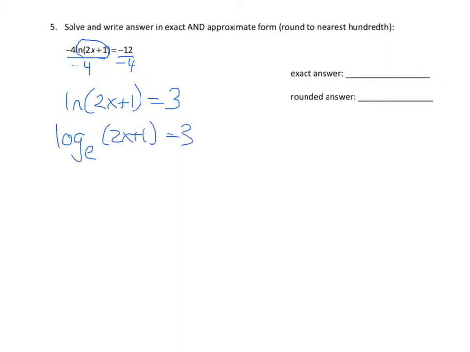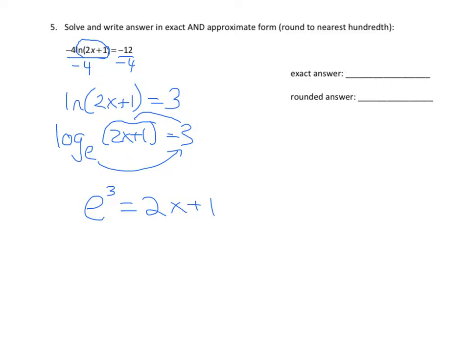And now I'm going to change this to exponential form. To change it to exponential form, I start with the base, which is e. The exponent is 3, so e to the third power equals, and then I set it equal to this whole expression, 2x plus 1. And now I just have to solve for x.